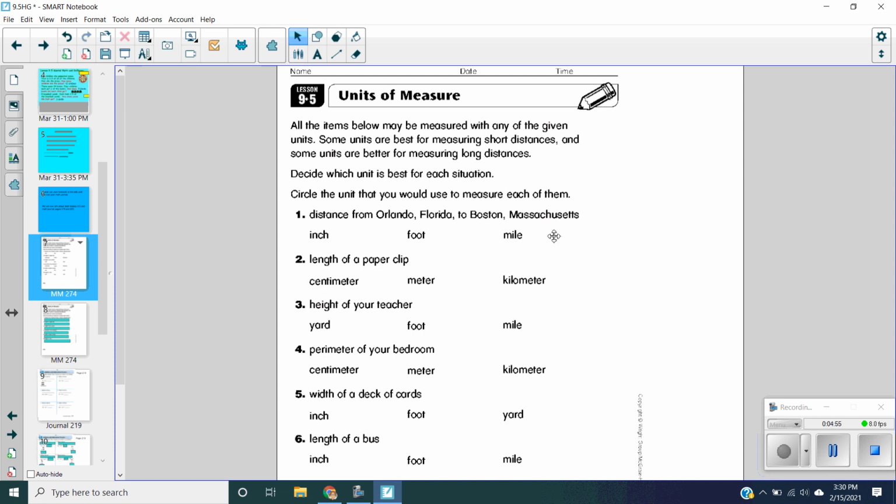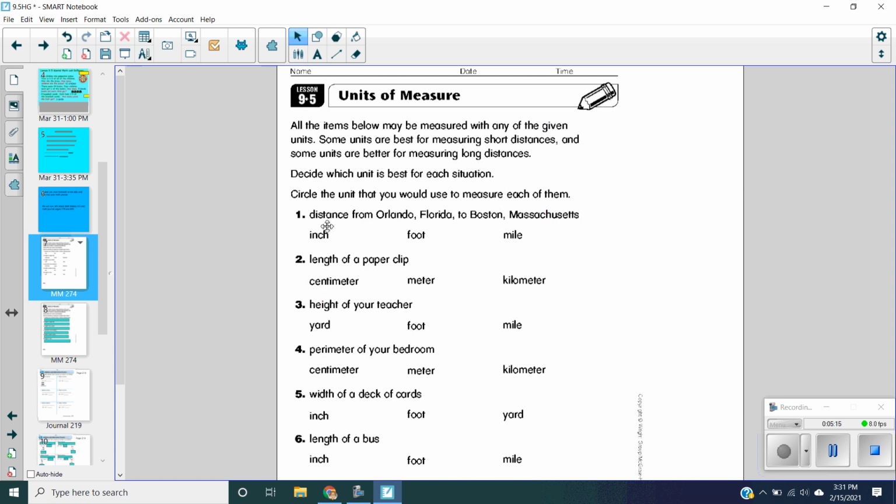That looks like this. So all of the items below may be measured with any of the given units. Some units are better for measuring short distances, and some units are better for measuring long distances. Decide which unit is best for each situation. Circle the unit that you would use to measure each of them.